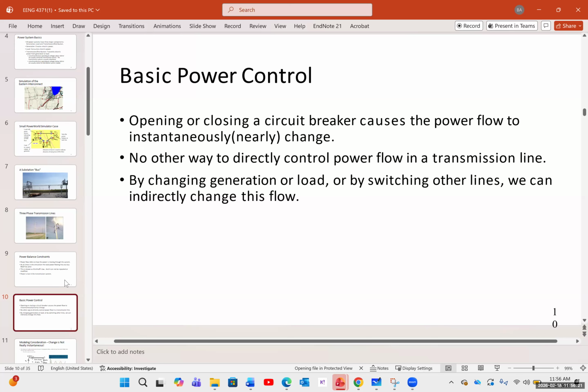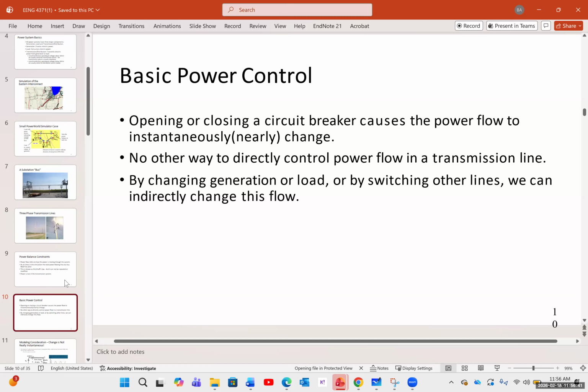Some basic power control rules: opening or closing a circuit breaker causes the power flow to instantaneously change or nearly change, but usually it's a small ripple delay. No other way to directly control power flow in a transmission line.